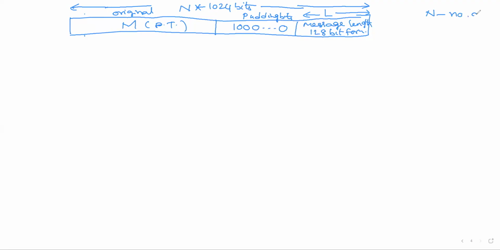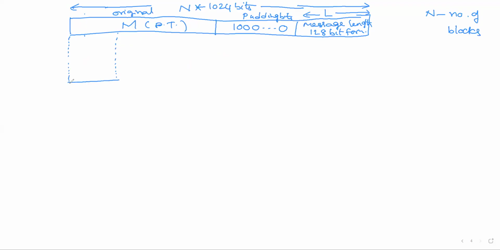It represents the number of blocks. After padding the bits and adding the length, you can now divide this processed plain text into blocks. Here, each block is of 1024 bits.